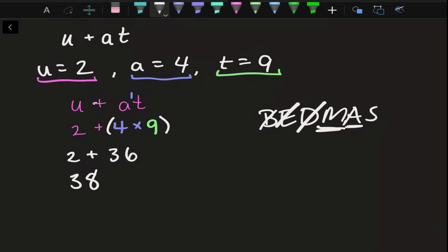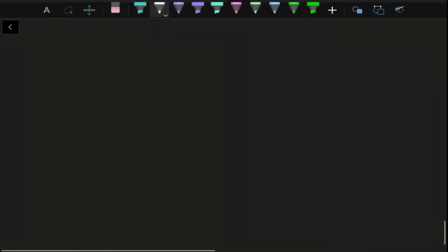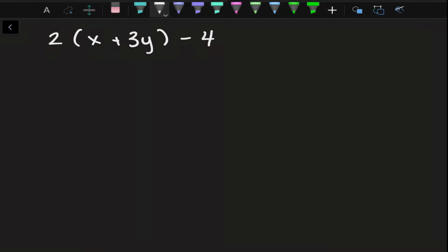Okay? Pretty straightforward. So let's do a couple more examples. We want to calculate the value of 2x plus 3y minus 4xy, and we want x to equal 5 and y to equal 2.